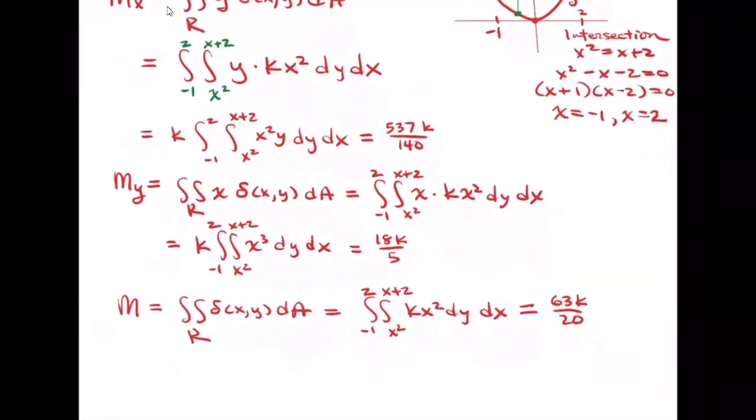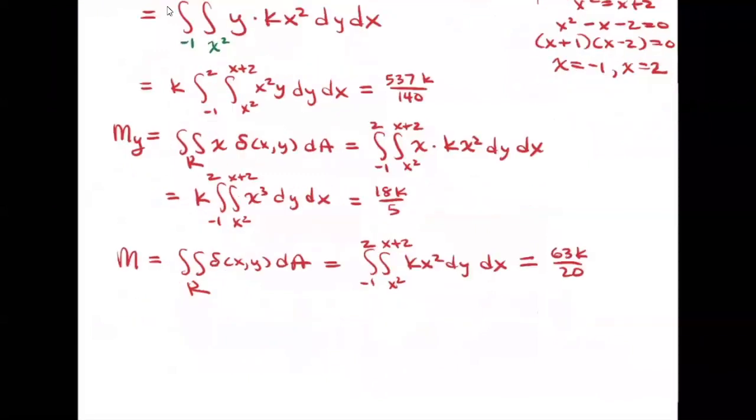And then the center of mass, so just to remind you that x bar is my over m. Gotta be careful with that. Everything's kind of backward. So my over m. My was 18k over 5. M is 63k over 20.